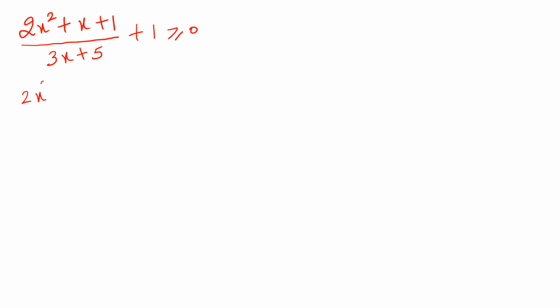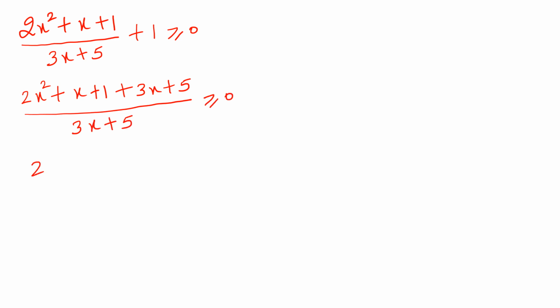This becomes (2x square plus x plus 1 plus 3x plus 5) whole divided upon (3x plus 5) greater than or equal to 0, or (2x square plus 4x plus 6) whole divided upon (3x plus 5) greater than or equal to 0.